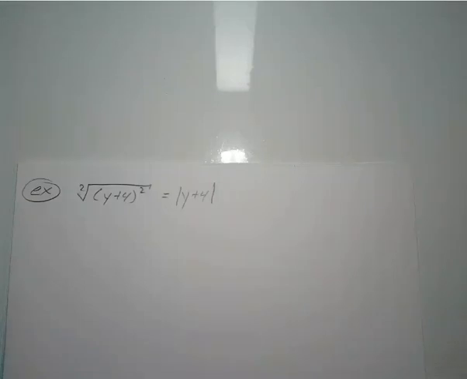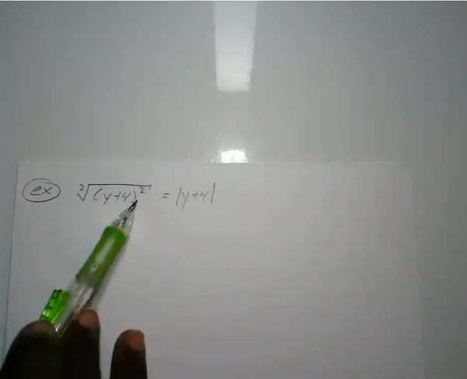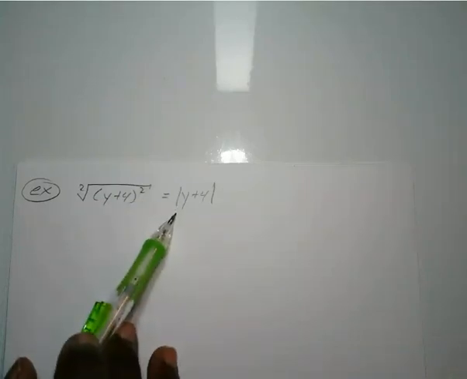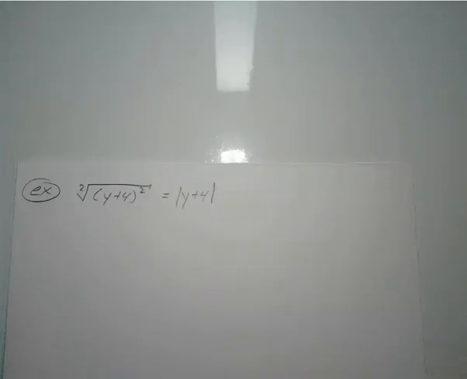So if you had the square root of x squared, then your answer would be the absolute value of x, because whatever that x value is, it would have to be positive.